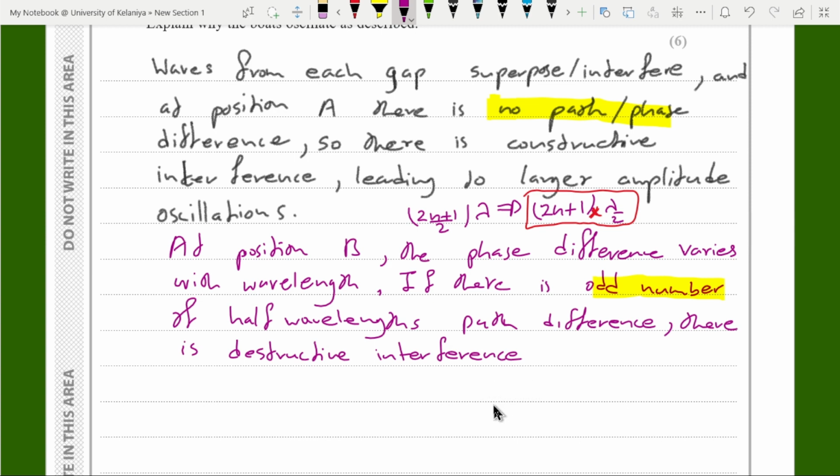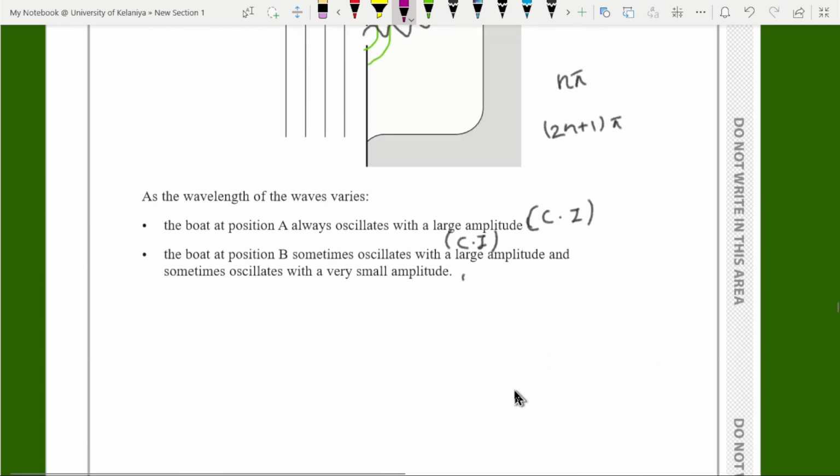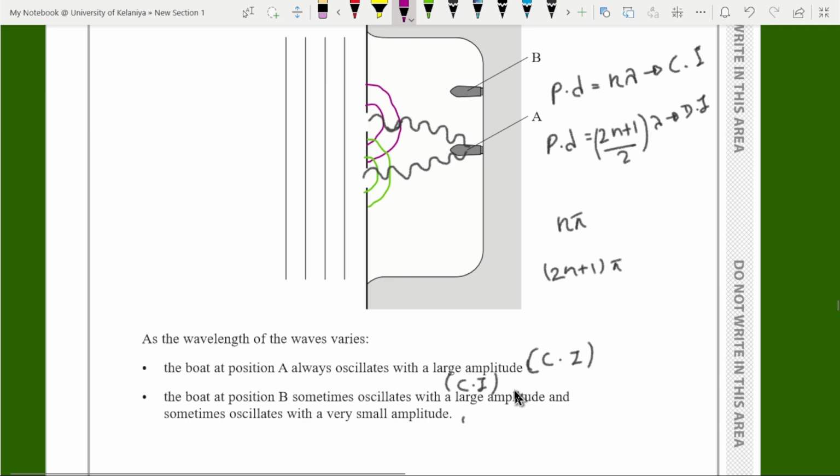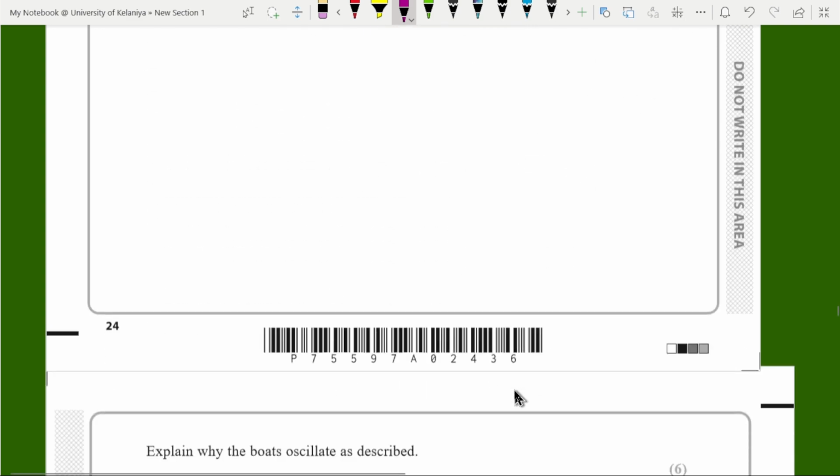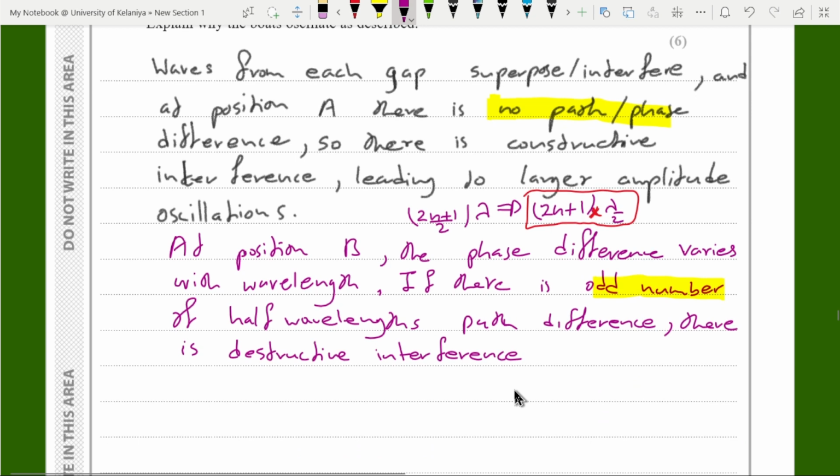Or you can write that they should be in antiphase. If you take it as the phase difference, then you can write they are in antiphase, so they will destructively interfere, right?